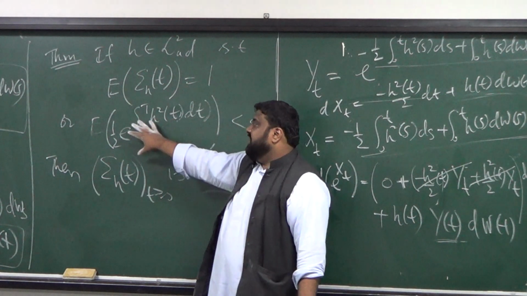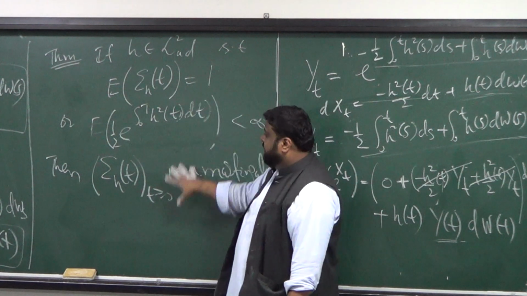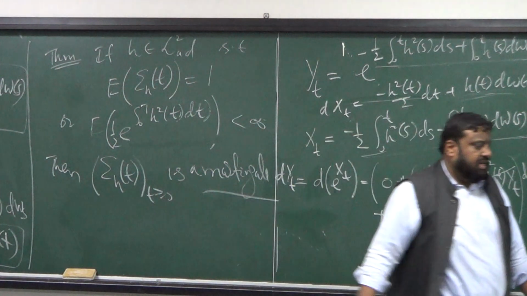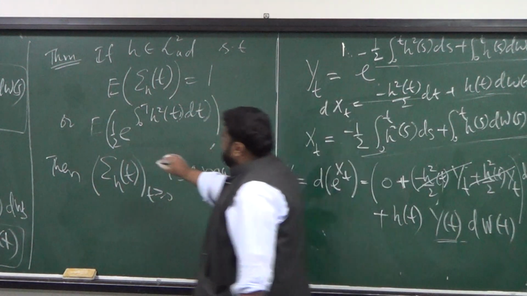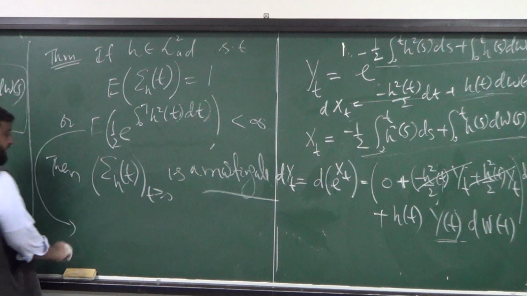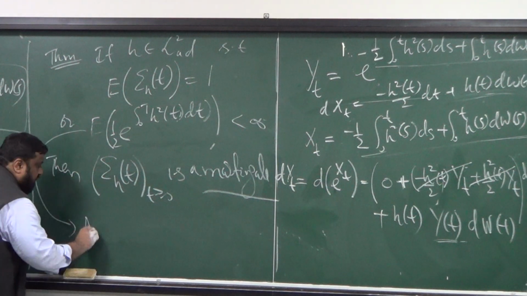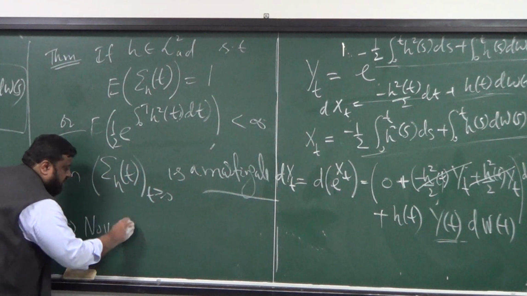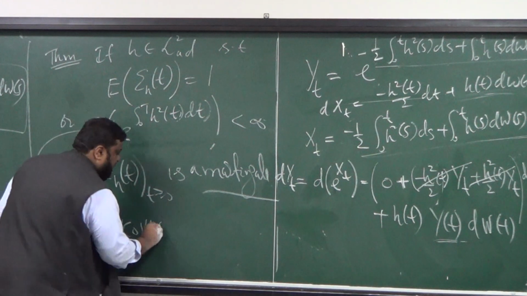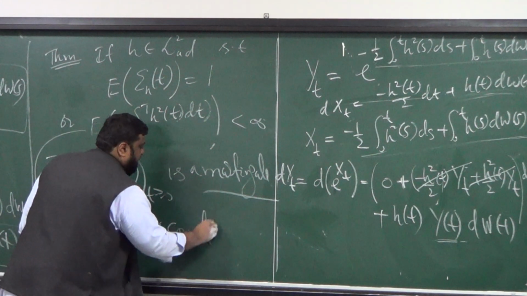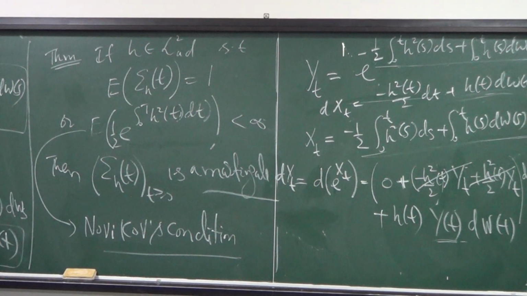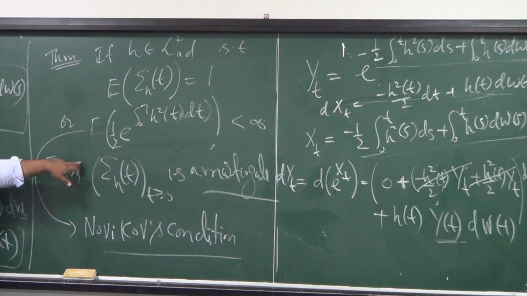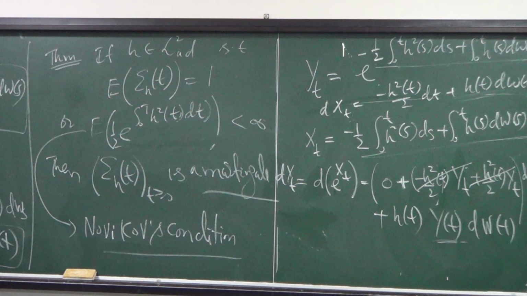If this condition is satisfied, then your exponential process would be a martingale. This condition has a specific name. This is called the Novikov condition. So if h from L2AD satisfies the Novikov condition, or this expectation condition, then the exponential process defined through it is a martingale.